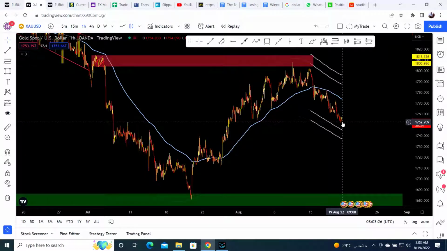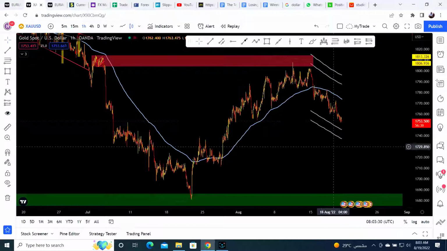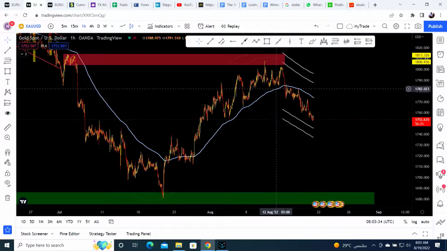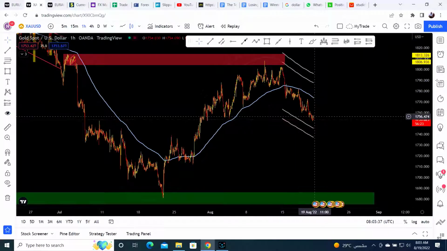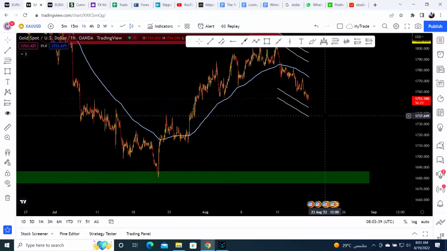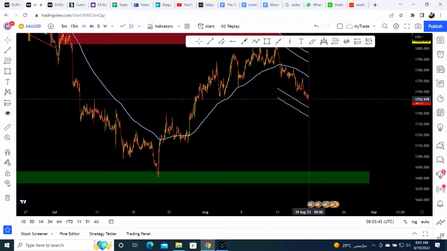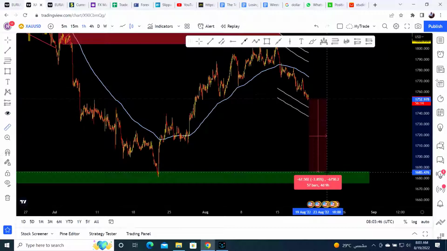Then the next question I ask myself, where are we heading in the hourly time frame? After we have taken out all these lows and price is still selling, it means there is a higher probability that price will sell to this zone.